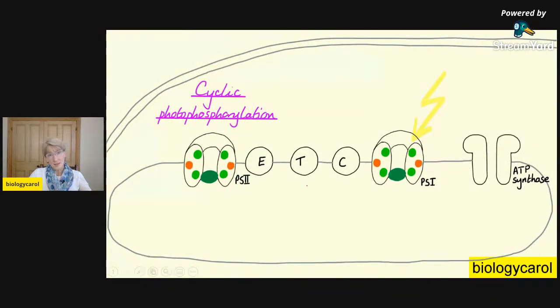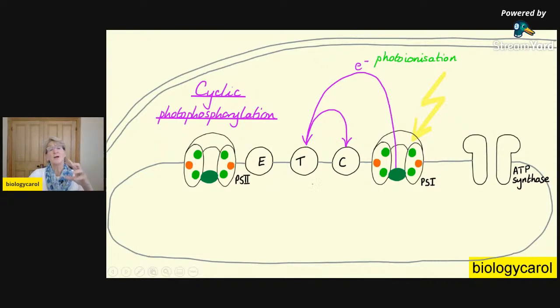So cyclic phosphorylation is only involving photosystem 1. It doesn't involve photosystem 2. Notice that non-cyclic photophosphorylation involves photosystem 1 and 2. So photosystem 1 has light striking it. It absorbs and funnels that light energy down to chlorophyll A, and photoionization happens.